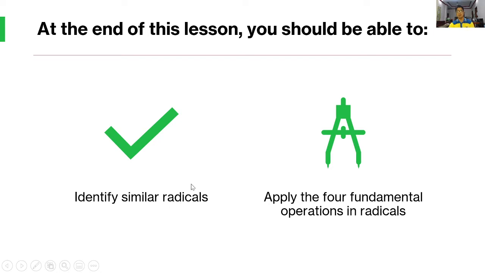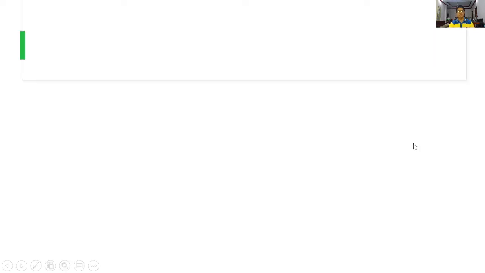But this time, we will be talking about radicals and may similar din pala sa radicals natin. The second one will be how to apply the four fundamental operations in radicals. We will be trying to simplify things here para hindi po tayo masyadong mahirapan. So, try lang natin na pasimplihin as much as possible.